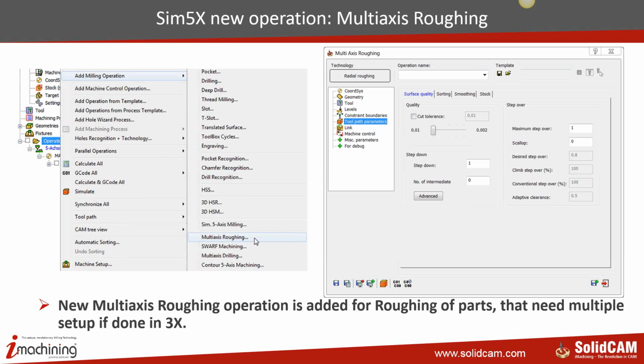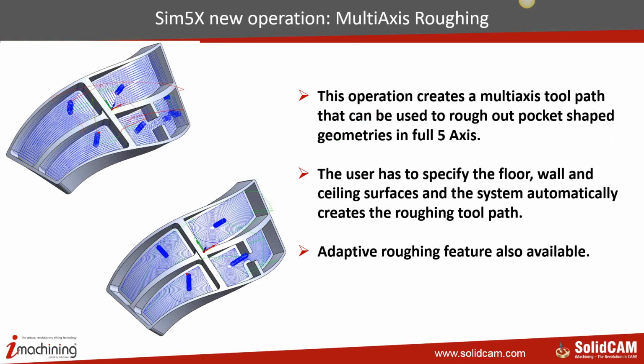With the new option of multi-axis roughing, this is much easier. What it basically does is it creates a multi-axis toolpath that can be used to rough out pocket-shaped geometries. And how is it done? The user simply has to specify the floor and wall geometries, and the system creates a toolpath automatically with ramping. Or if you have an option not to ramp, you have got different options.